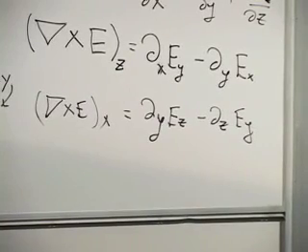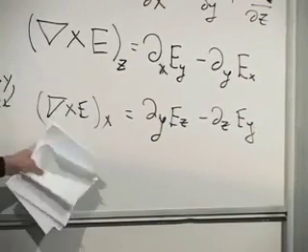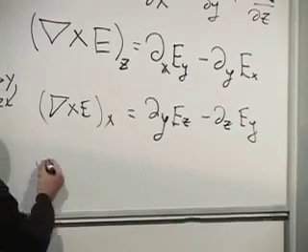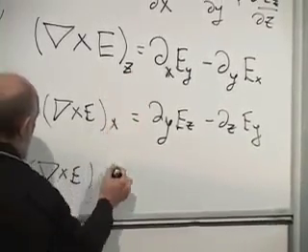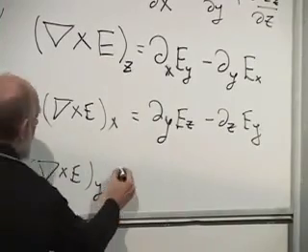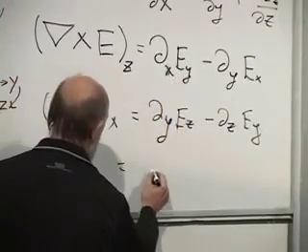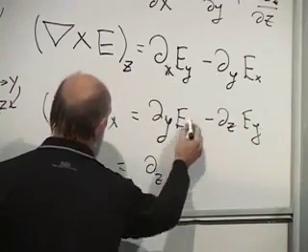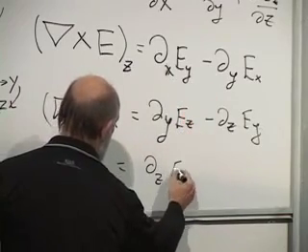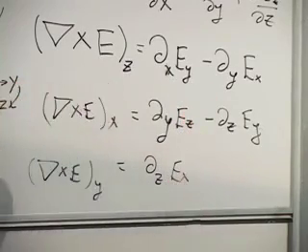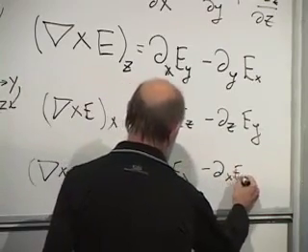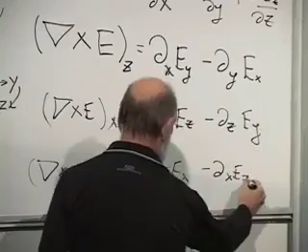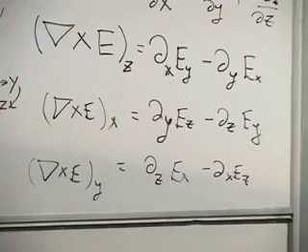You cycle once more through the three letters of the alphabet. Del cross E, the y component, is equal to: x goes to y, so dy is replaced, the next one will be dz, ex, minus dx, ez. These are the three components of a curl.